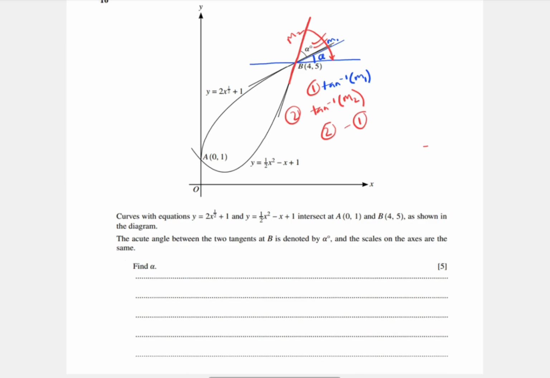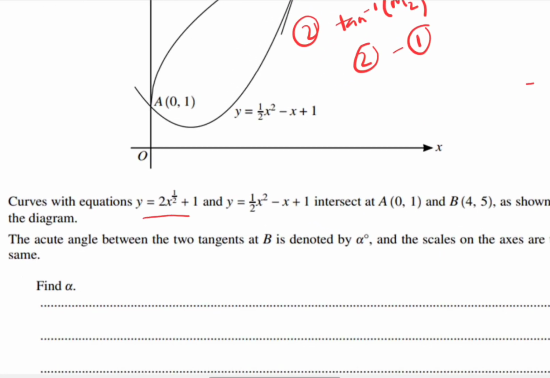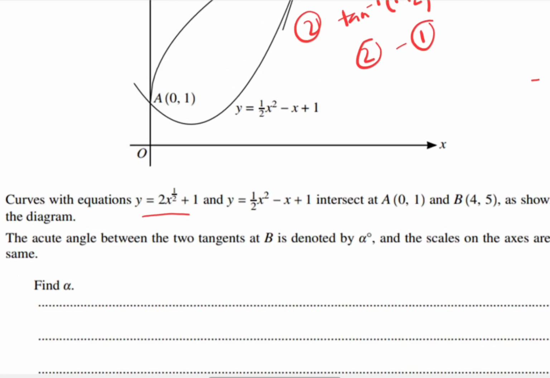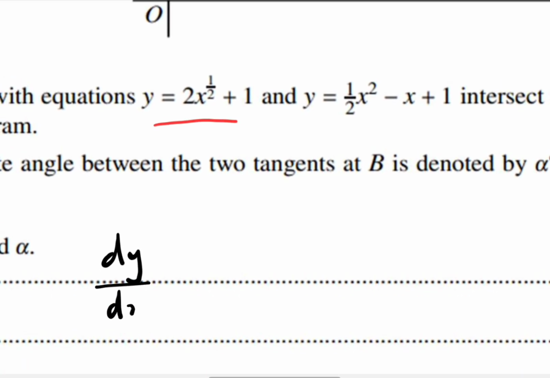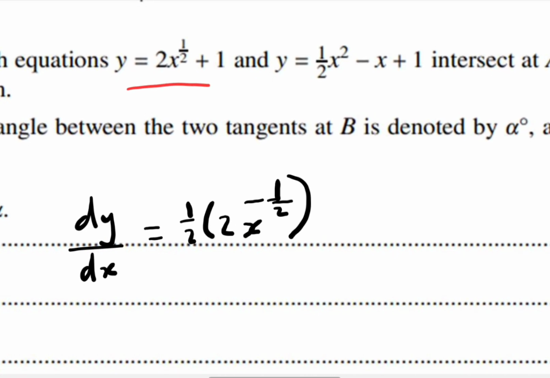And for us to get the gradient of this first one, that's dy/dx. We're differentiating: take down the power, then 2x, we subtract 1 from the power, that will give us minus a half, and this will come down to be x to the power minus a half, right?